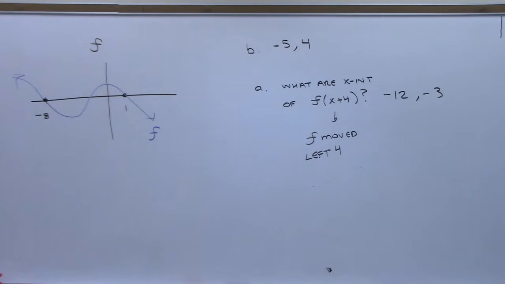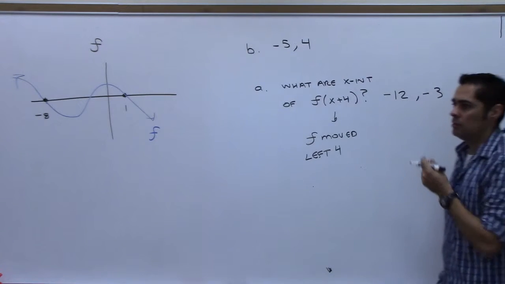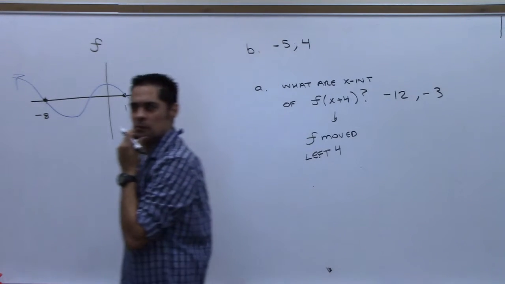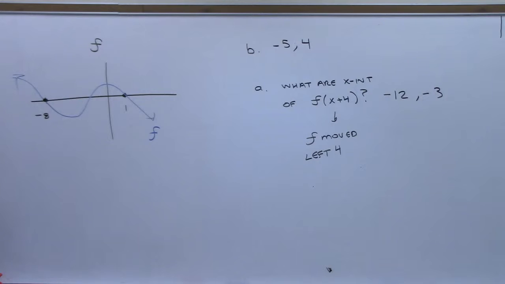What are the x-intercepts of 2x? Ooh. Negative 16 and 1. What? Negative 16 and negative 2? Would it be negative 8 and 1? What does 2 do to it? The vertical stretch.